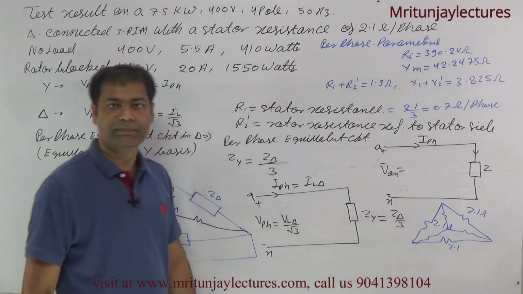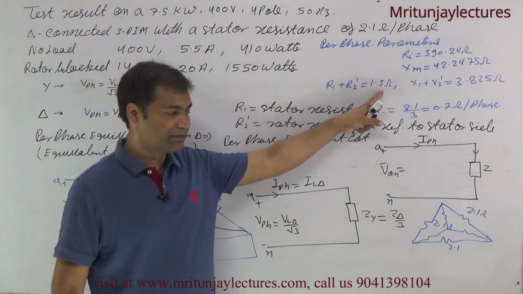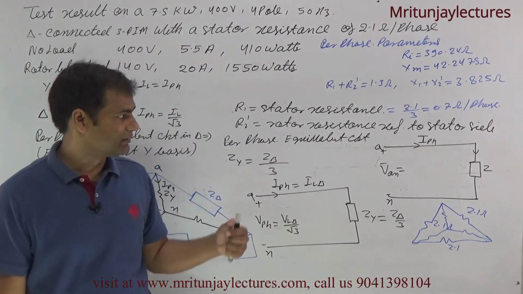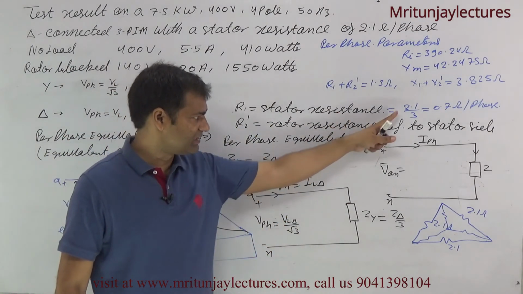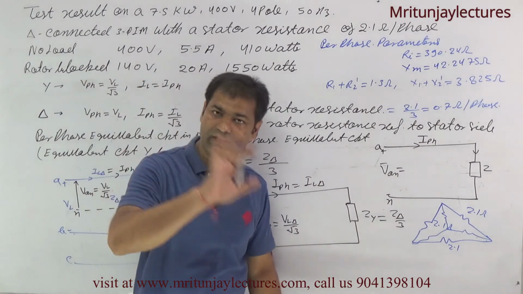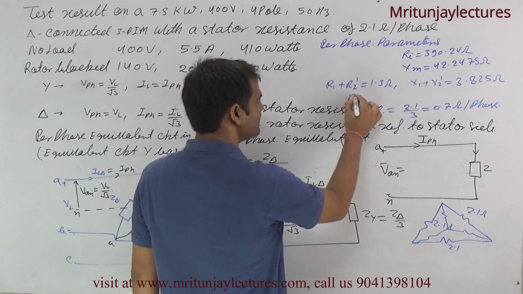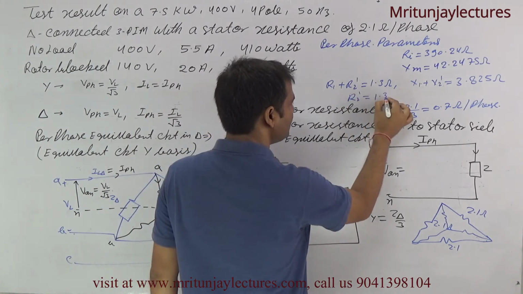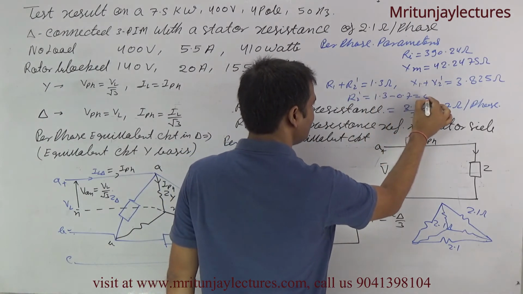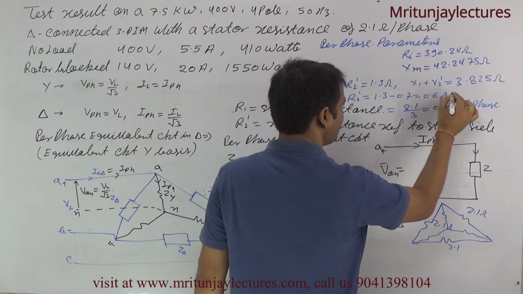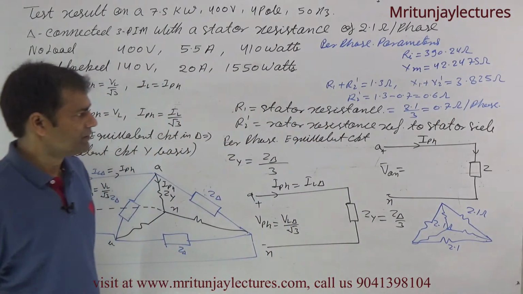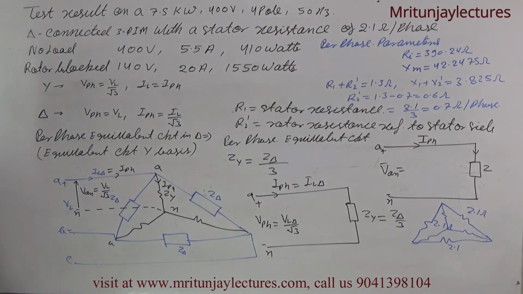Clear? This value we have already calculated in star. That's why, since this one is given in delta, it is converted to star. That's why that is 0.7. So what about R2 dash? R2 dash is equal to 1.3 minus 0.7. Finally we got 0.6 ohm per phase. Clear? So first of all make it. After that we have discussed another part.